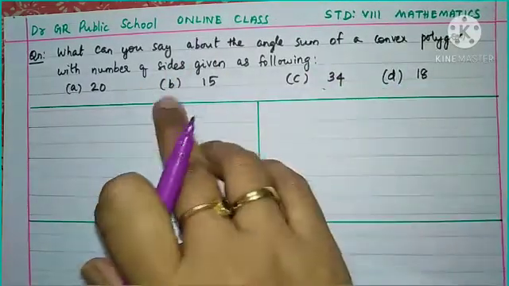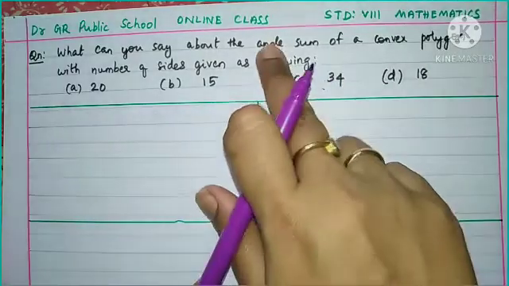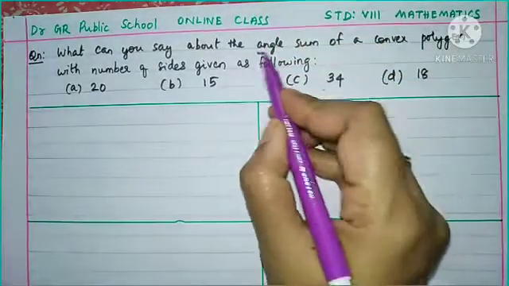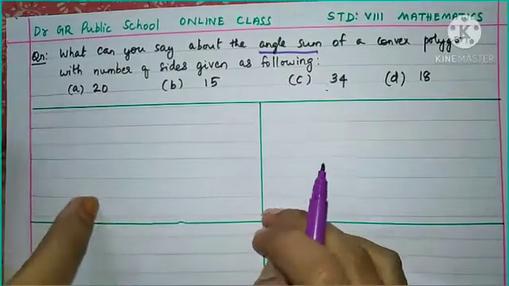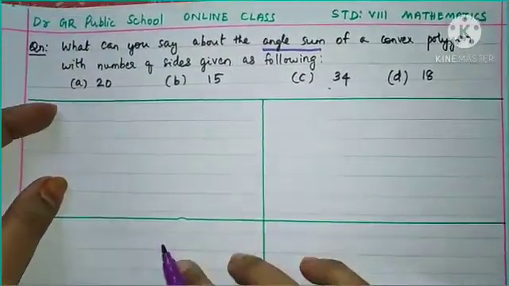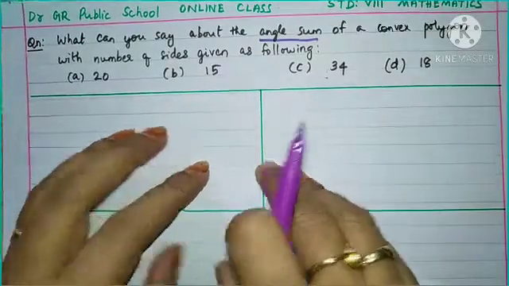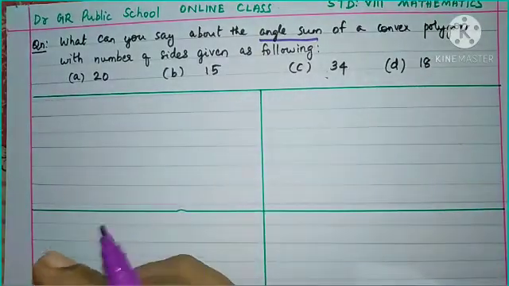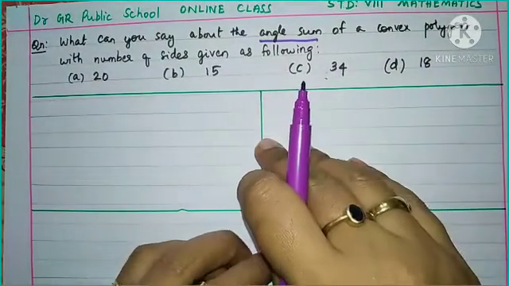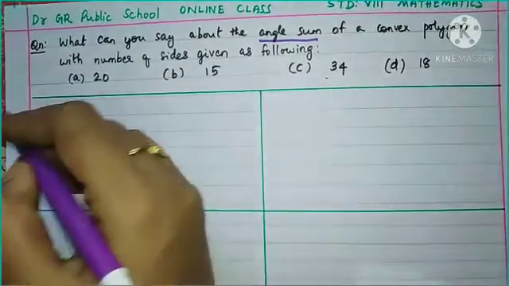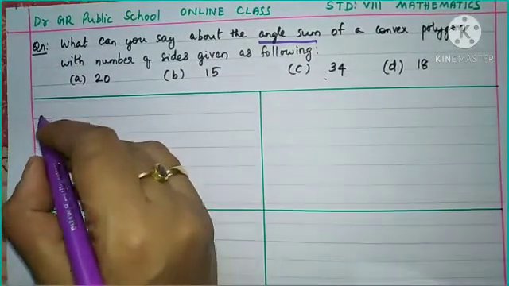Okay, so for these different polygons we want to find out the angle sum. For finding the angle sum of different polygons, what relation did we study? Yes, n minus 2 into 180 degrees, where n is the number of sides. Okay, so first we can do the first problem.